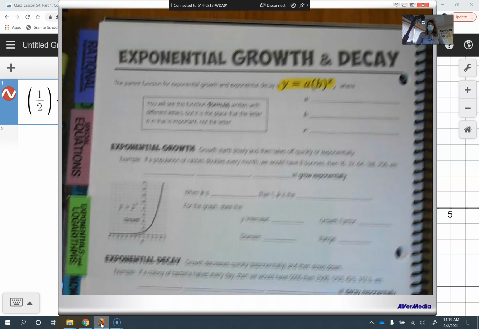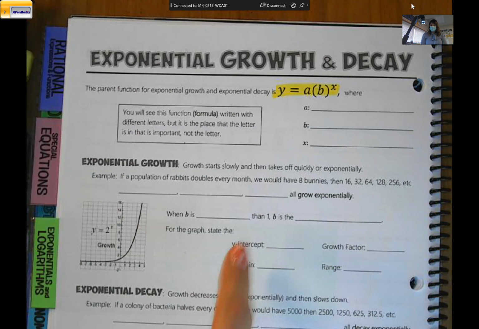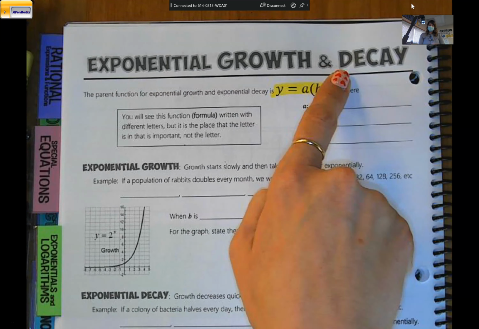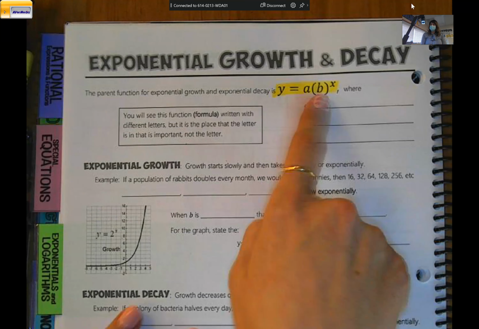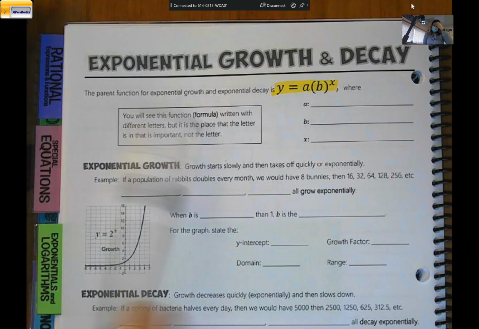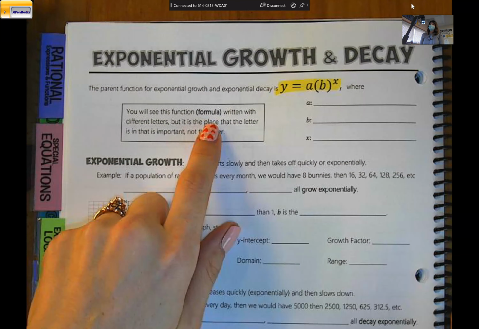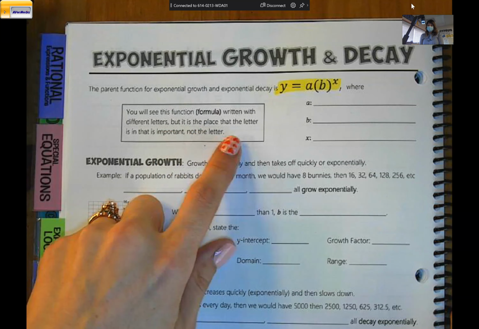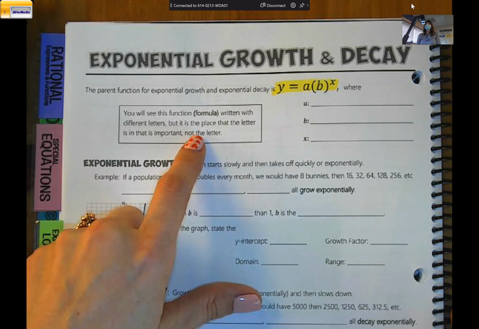This year, we are going to refer to these functions as exponential growth or exponential decay, because we're going to look at some word problems associated with this function. So this little box here says you will see this function formula written with different letters, but it is the place that the letter is in that is important, not the letter.